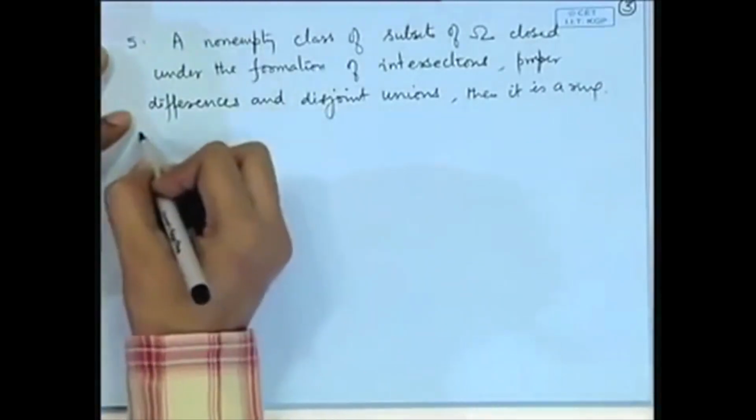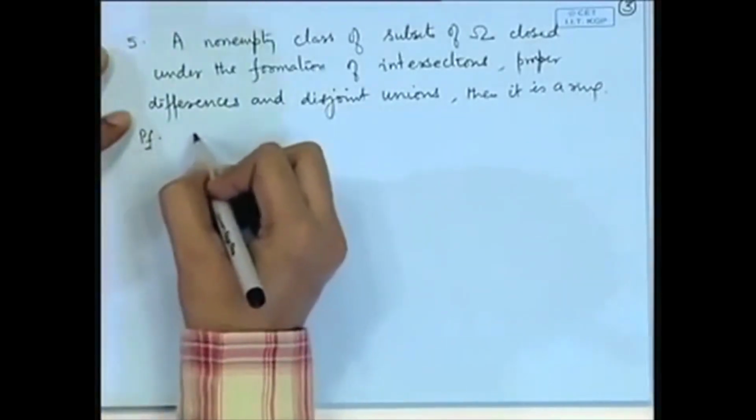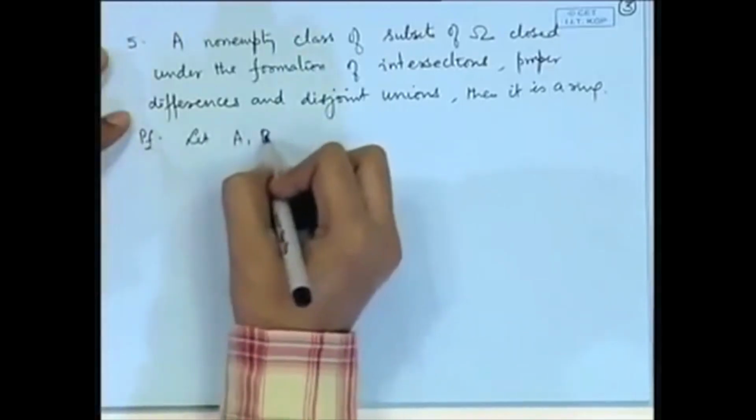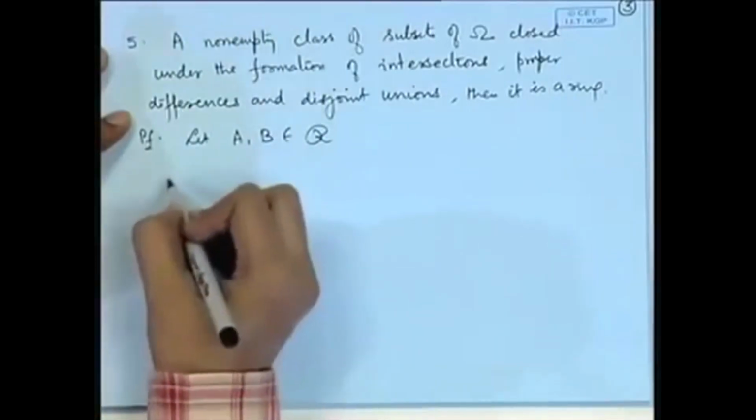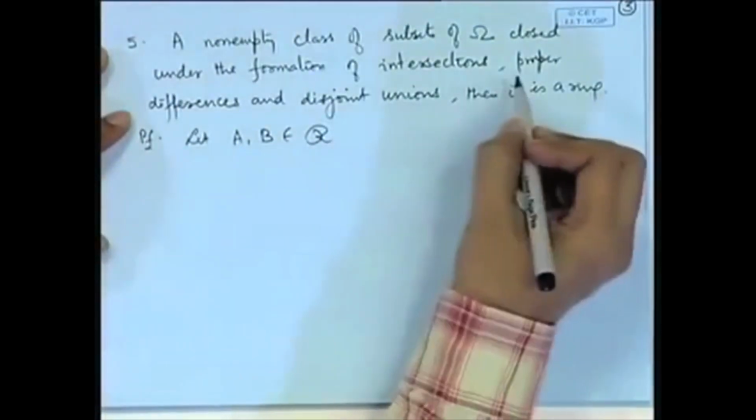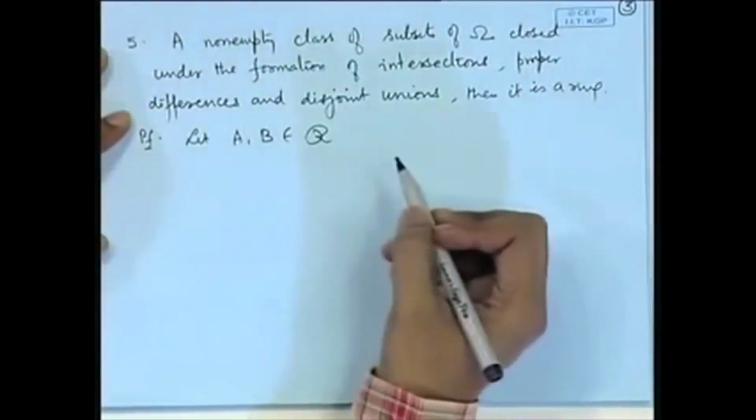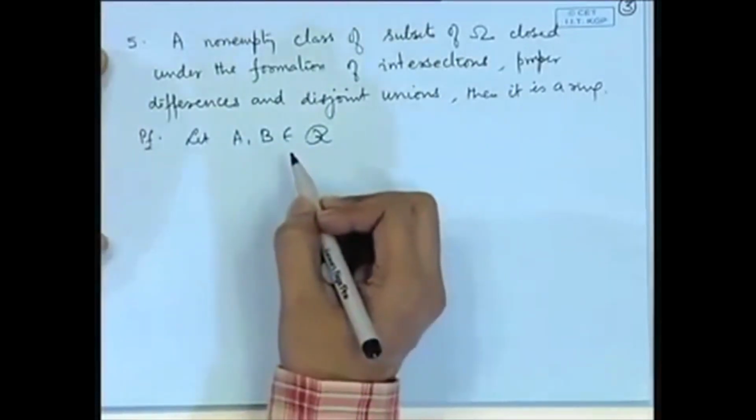For example, if I consider two sets A and B in the ring R, since I have already taken the differences, A minus B is equal to A union B minus B, so proper differences are already there.